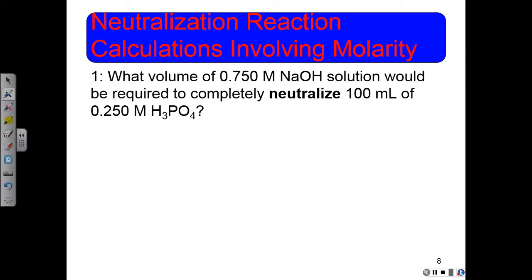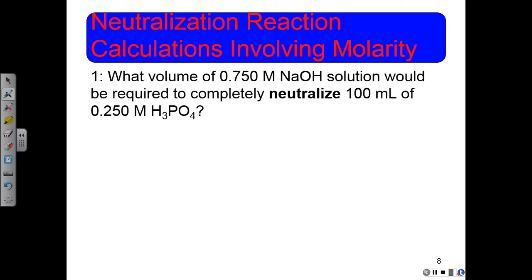So if we're looking for a volume, we want to know what volume of 0.750 molarity NaOH would be required to neutralize 100 milliliters of phosphoric acid. This is a pretty strong acid here. Notice that we know the concentration of the acid, and then I know the concentration of the base.